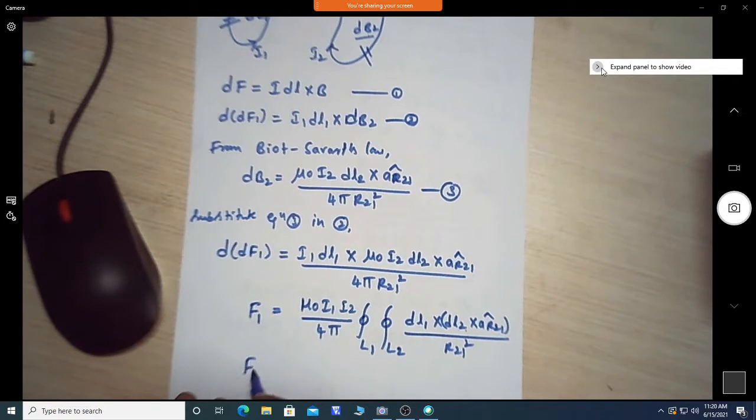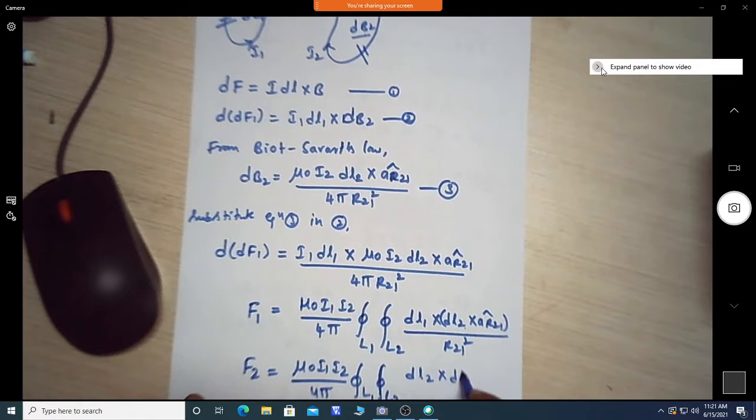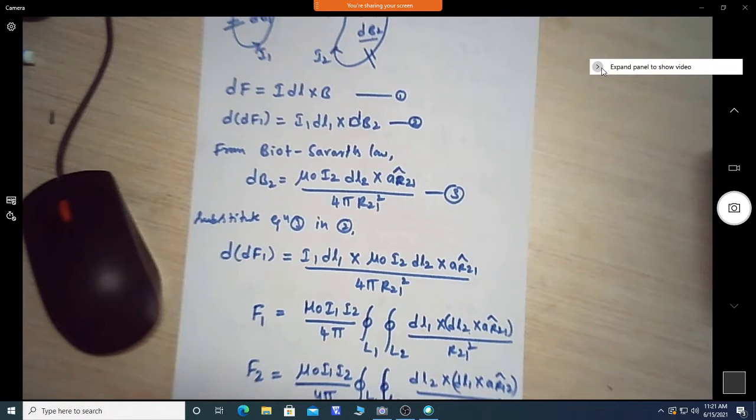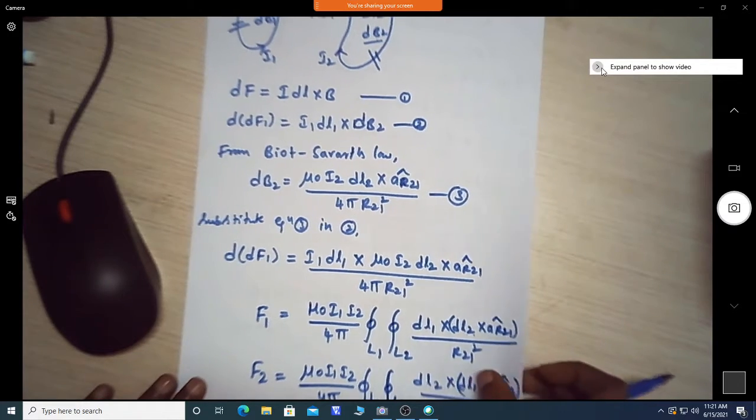So F2 equals mu naught I1 I2 divided by 4 pi, closed loop integral of dl2 cross dl1 cross aR12 divided by R12 square. This is the force exerted on loop 2 due to loop 1.